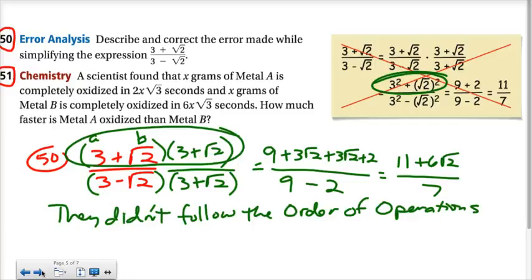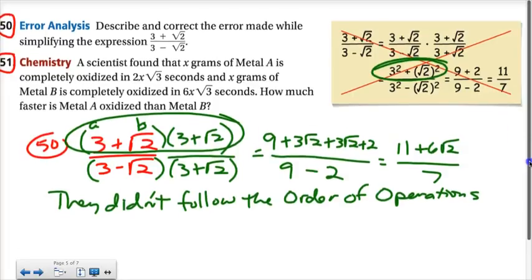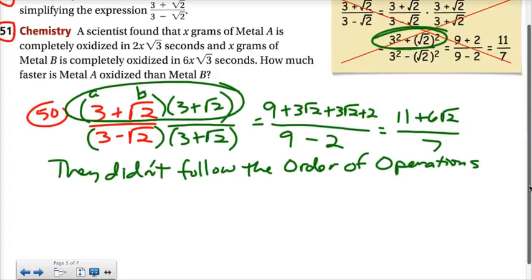51 says, a scientist found that x grams of metal A is completely oxidized in 2x square roots of 3 seconds, and x grams of metal B is completely oxidized in 6x square roots of 3 seconds. How much faster is metal A oxidized than metal B? Well, we want to find the difference between the two.